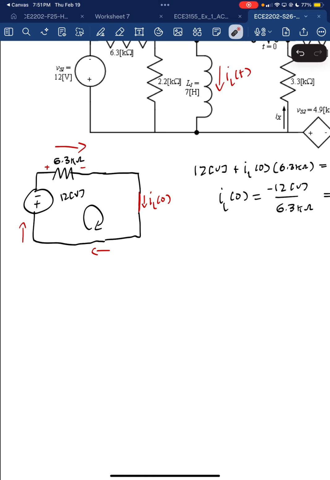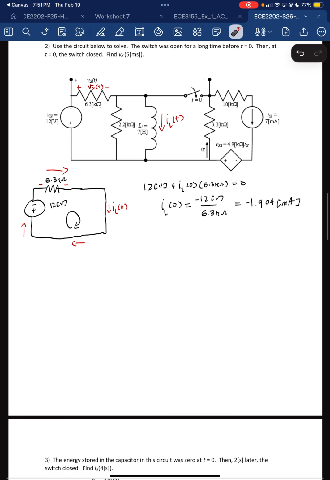The current does, however, affect the polarity of this resistor. It tells us that plus is on the left and minus is on the right. So that's why we put plus I times 6.3. So the current direction doesn't affect battery sign for KVLs specifically. It's just convention basically.